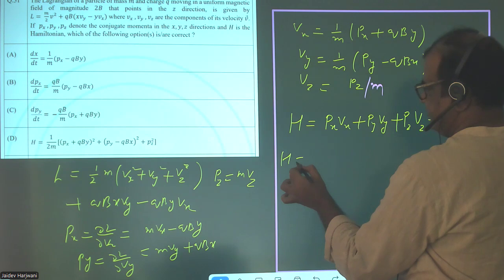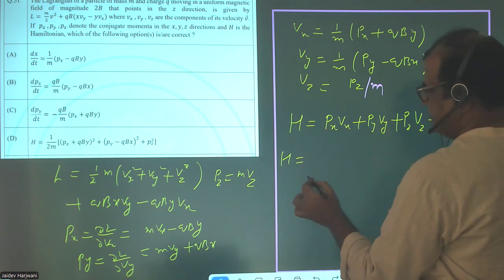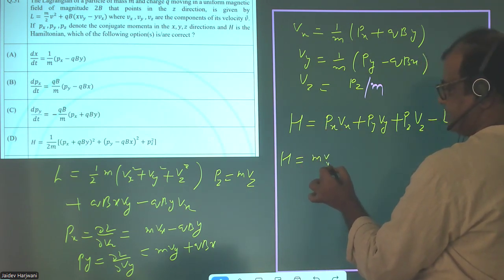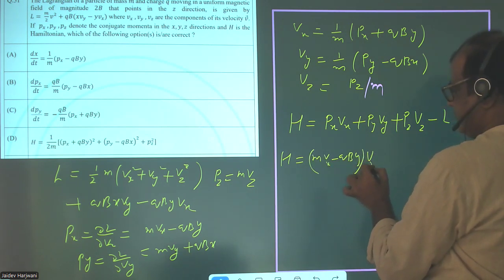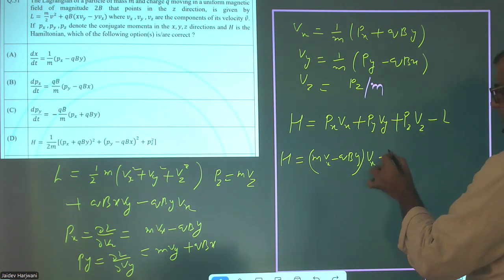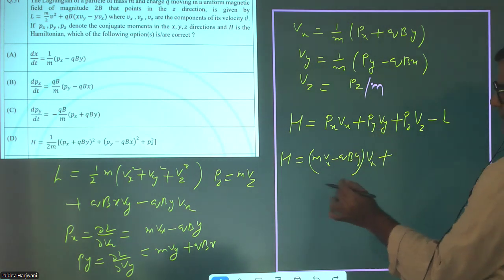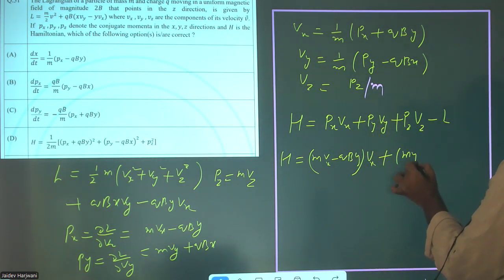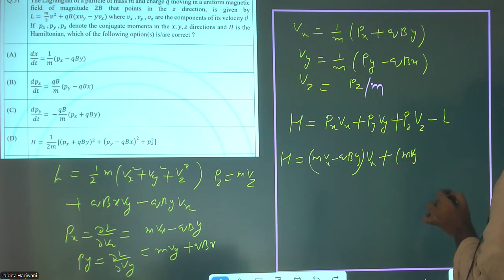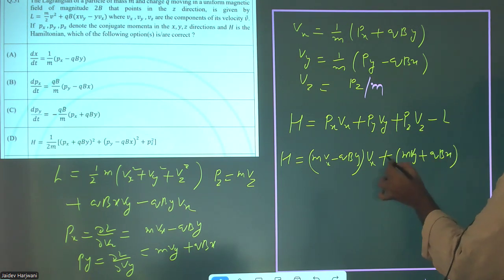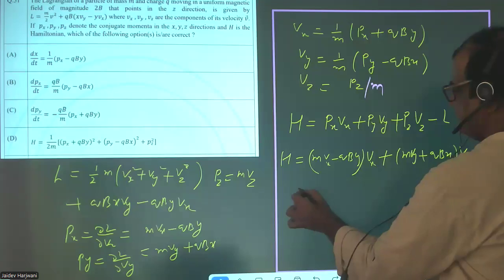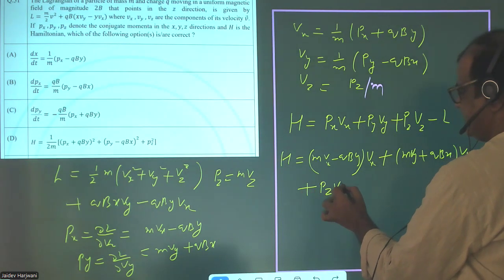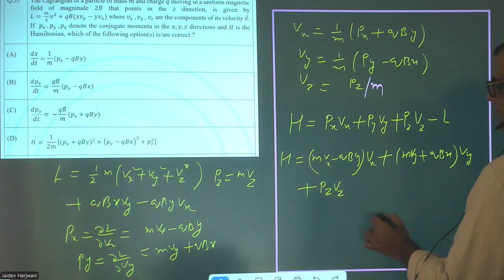So H will be, px is m vx minus q B y, into vx, plus py value is m vy plus q B x, into vy. Okay, and then you have pz vz, and then finally minus L.